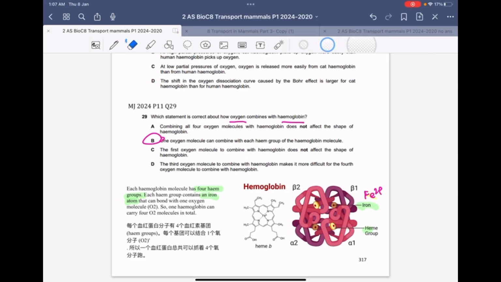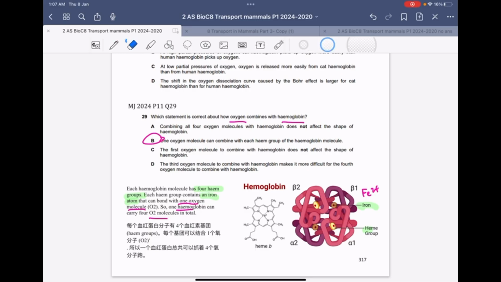Each iron atom can bind with one oxygen molecule. So one hemoglobin can carry 4 oxygen molecules in total, because one hemoglobin consists of 4 iron atoms.